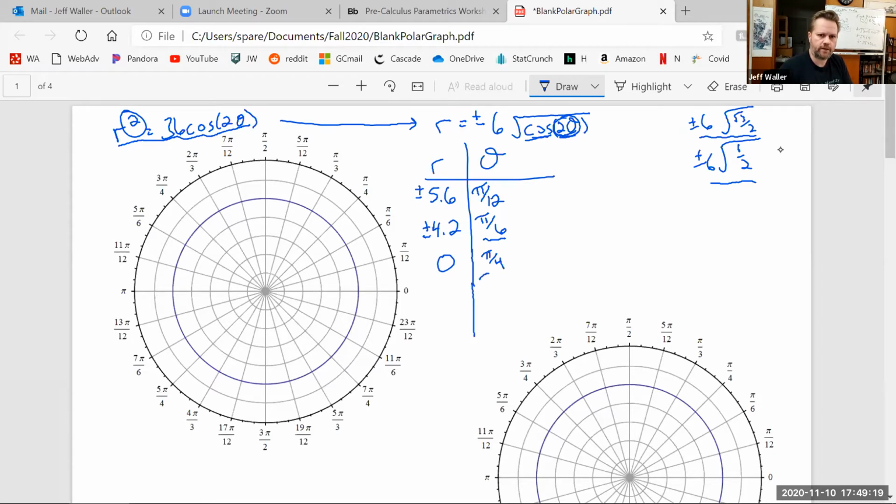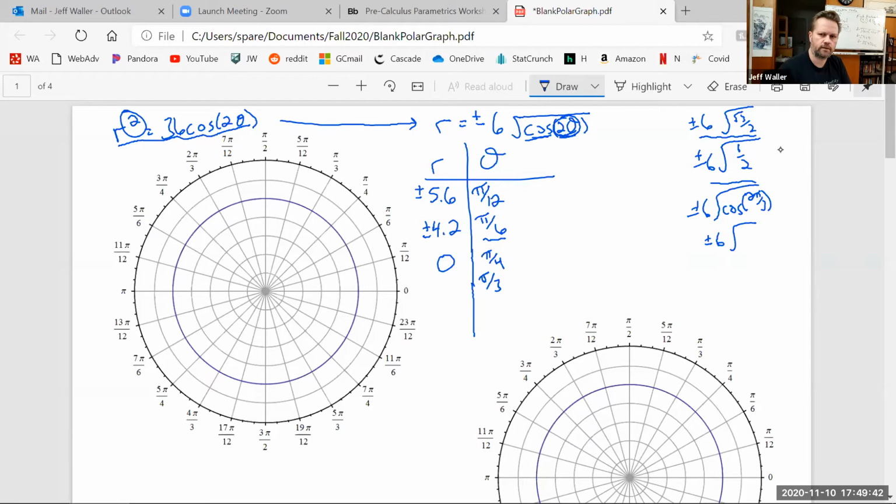And then if I put pi over 3 in there, it becomes cosine of 2 pi over 3. And now this is where things get interesting. What's the cosine of 2 pi over 3?